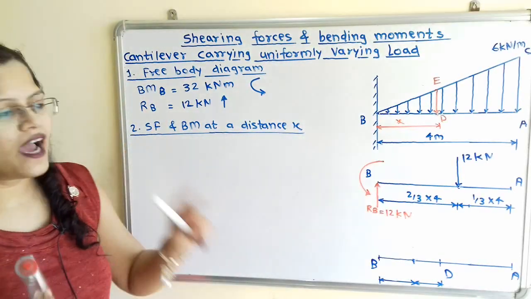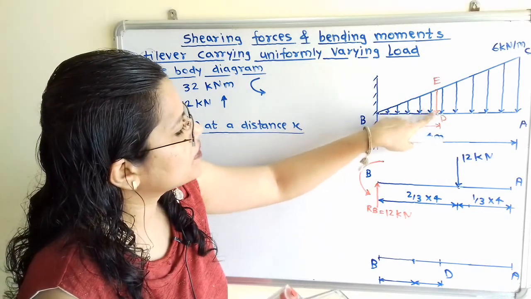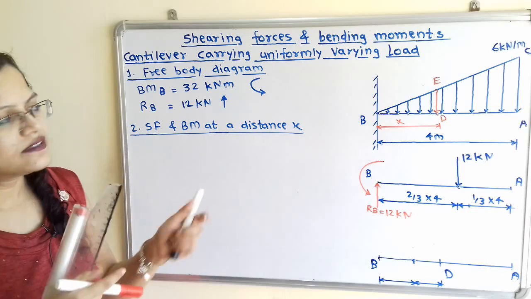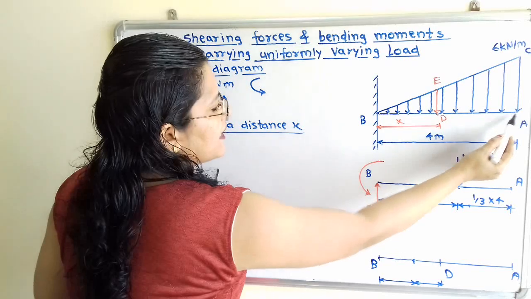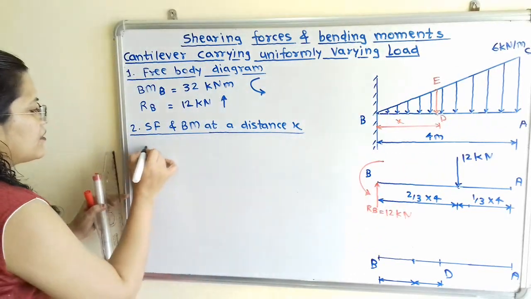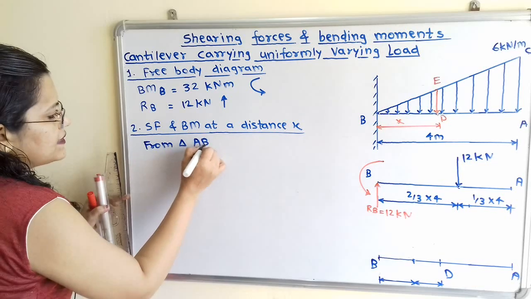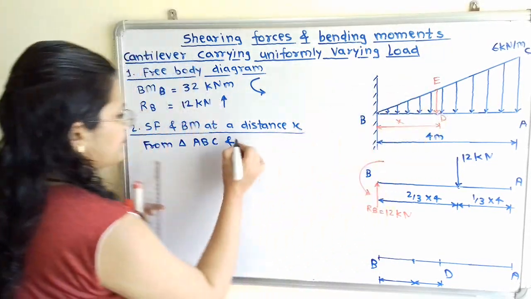Now to find out the load at this point D, we have to find out the value DE. If we observe the diagram, there are two similar triangles. The first triangle is ABC, and the second is triangle DBE.